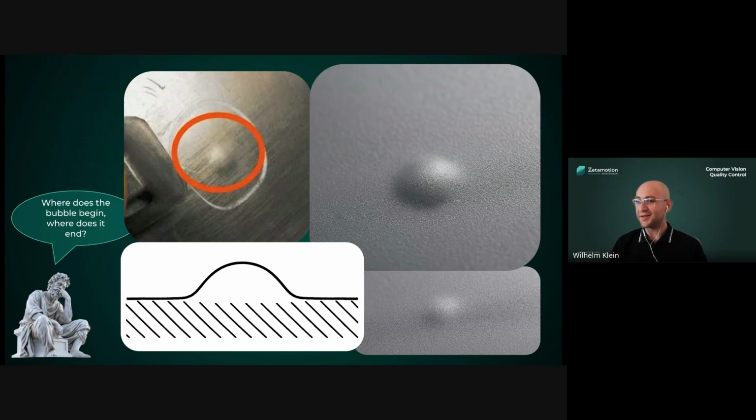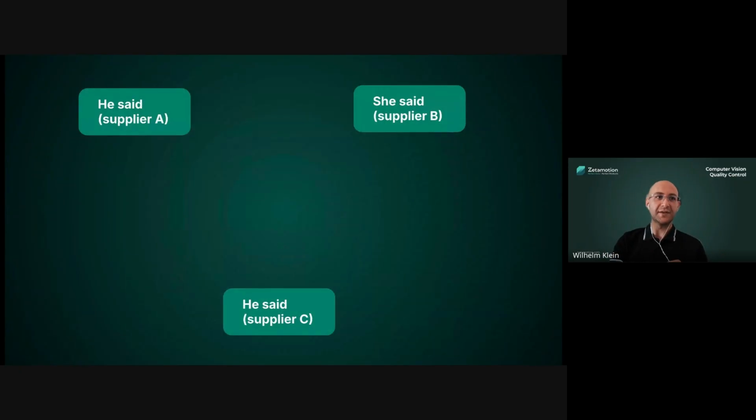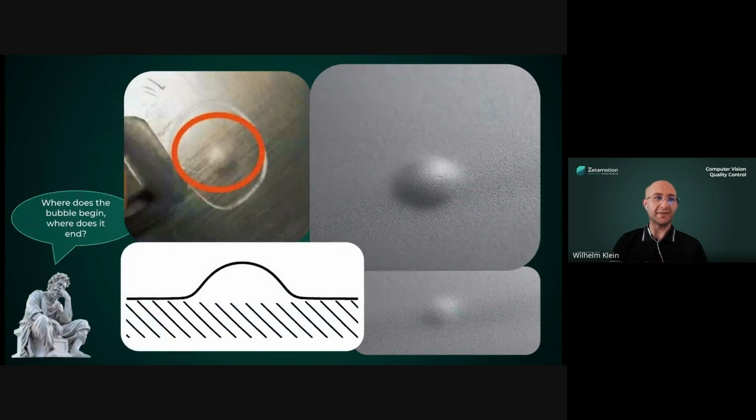And then again, everyone involved in this chain can have a look at these images and come to this consensus. They can say, okay, we've now defined that bubbles should always begin here, and the system should always measure it in that way. And from then on, no more discussion, right?